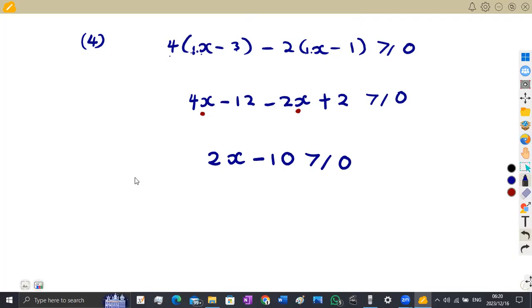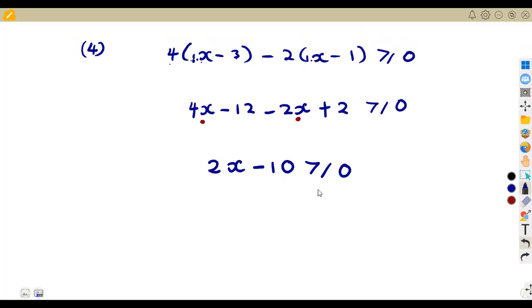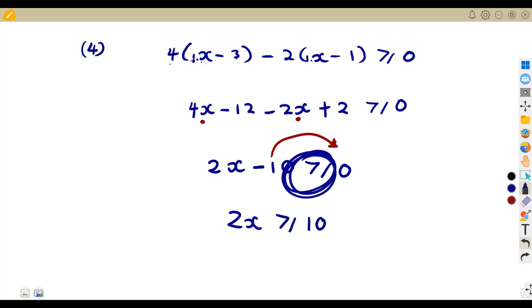All right. Now that we want to solve for x, this is a linear inequality, just like a linear equation. We are supposed to transpose the constant to the other side of the inequality. It was a negative, so it is going to be a positive on the other side. So this does not affect the inequality. To transpose a term, whether it's positive or negative, this does not affect the inequality sign.